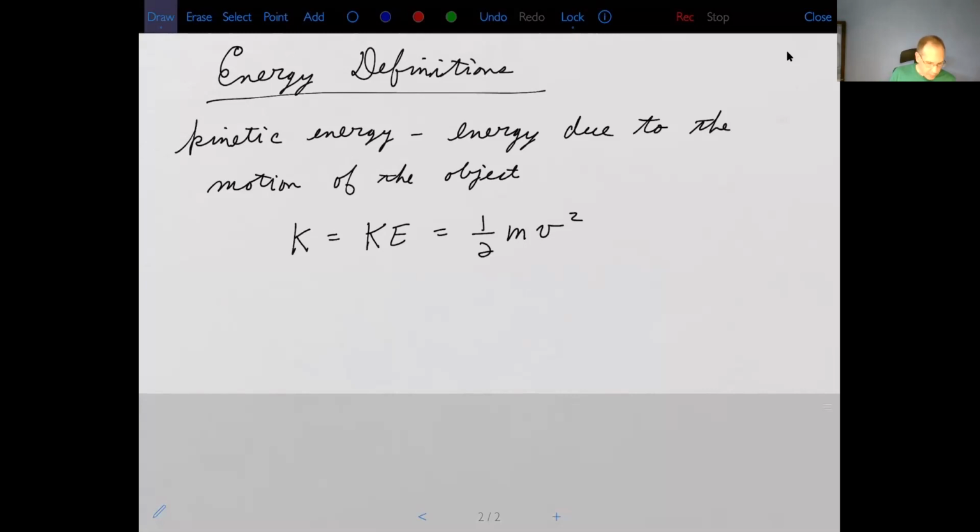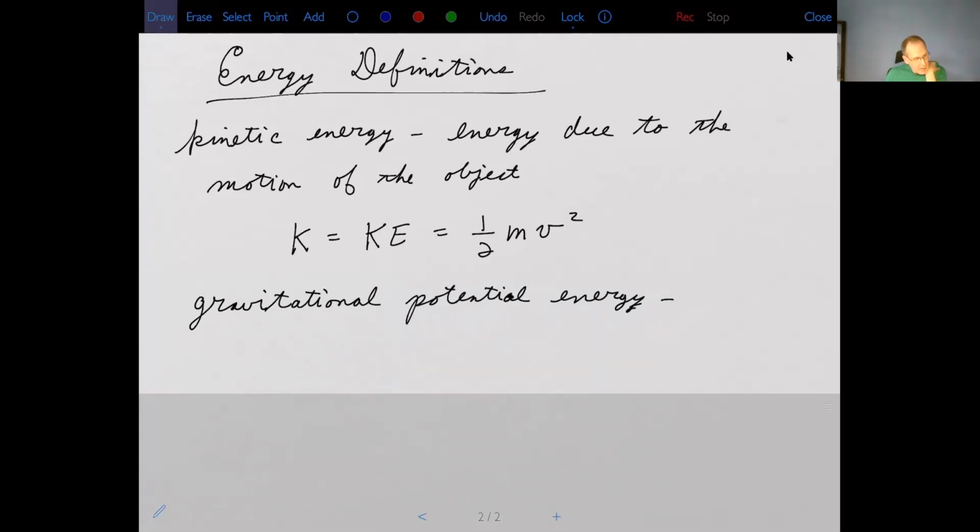Also, the other type of energy we'll need is something called the gravitational potential energy. And this is really the energy due to the interaction between two objects.